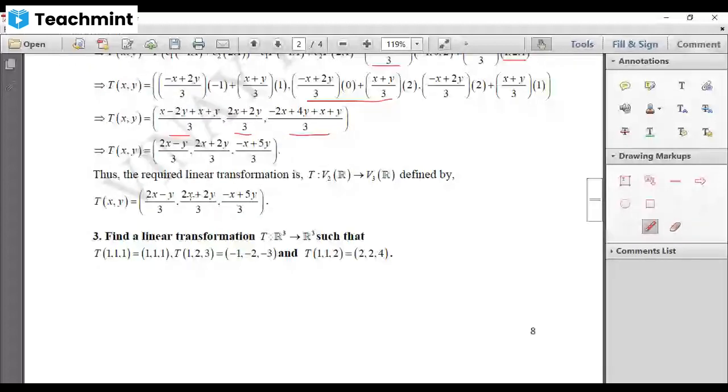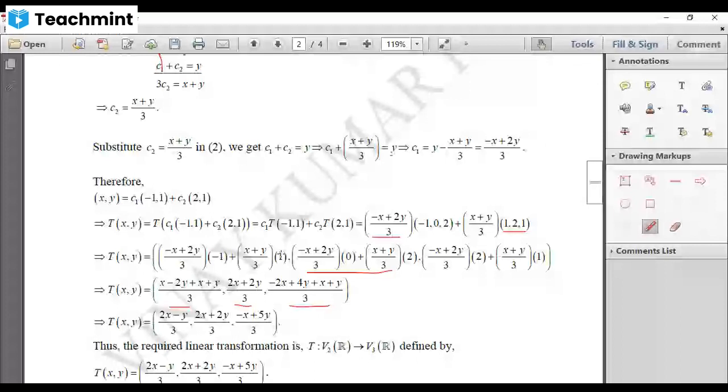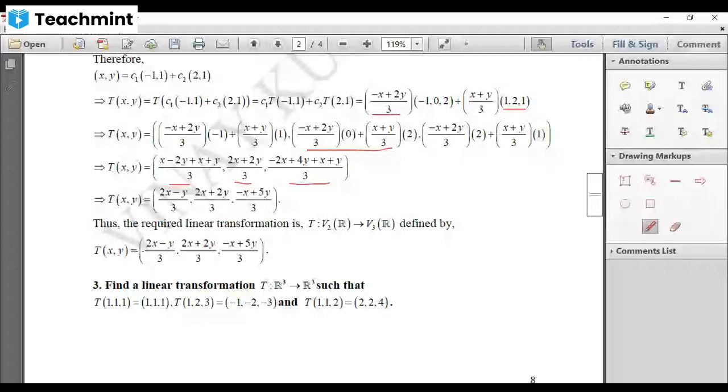Next, 2 into x is -1, y is 1, so -2 plus 2 is 0. 0 by anything is 0. So the second term is 0. Yes. Third one, x is -1, so minus into minus plus 1, plus 5 into y is 1, so 5 plus 1 is 6. 6 by 3 is 2. See, we got the image. So like this, you can see that the image of this is this.